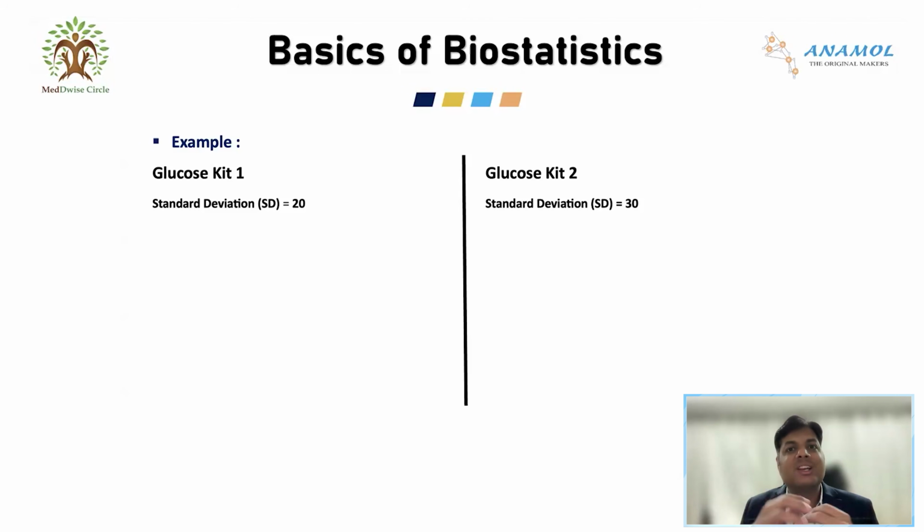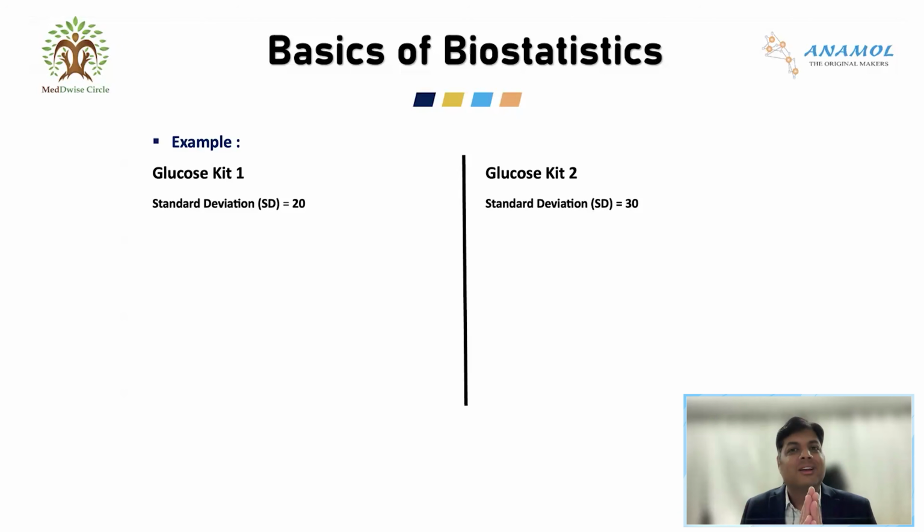How will you decide which kit is better? Whether kit A is better or kit B is better? Till now, it appears that kit A is better because kit A has less standard deviation. That means the values are more towards the center point.